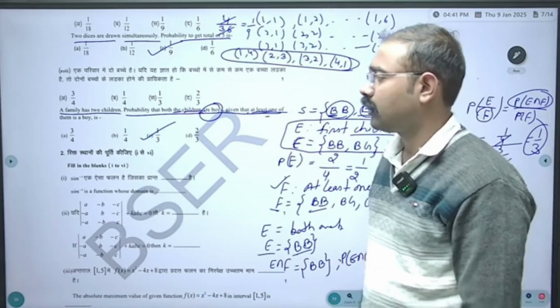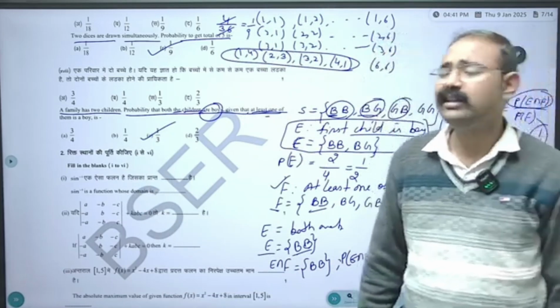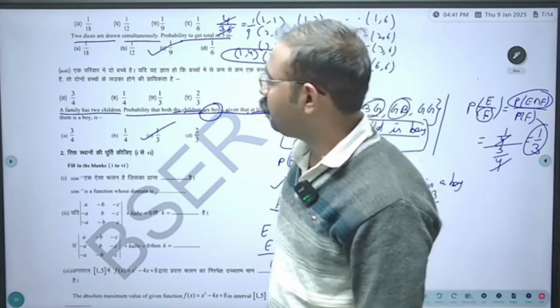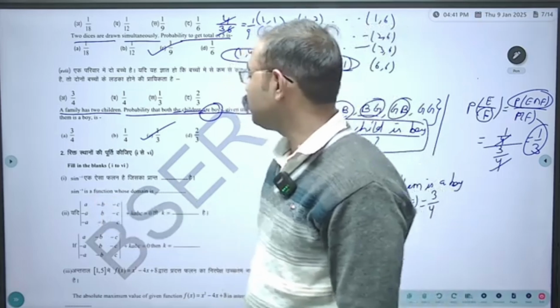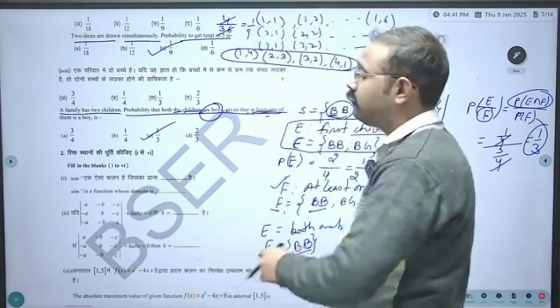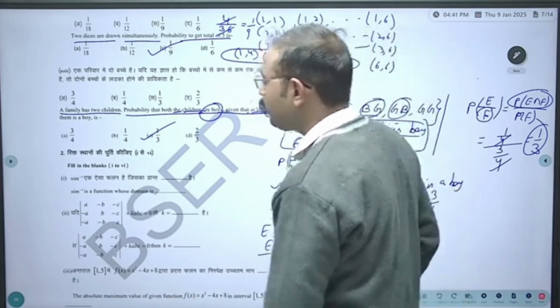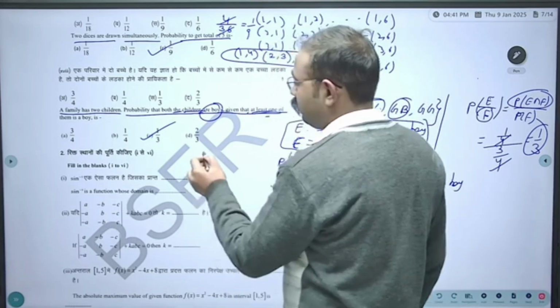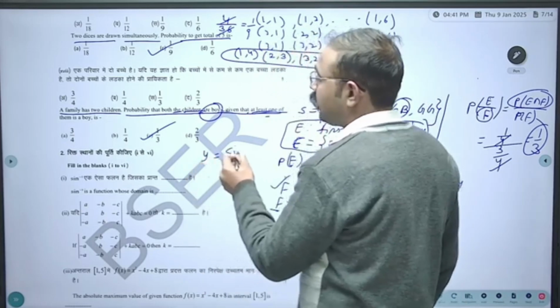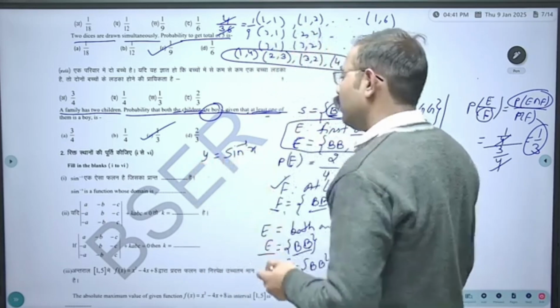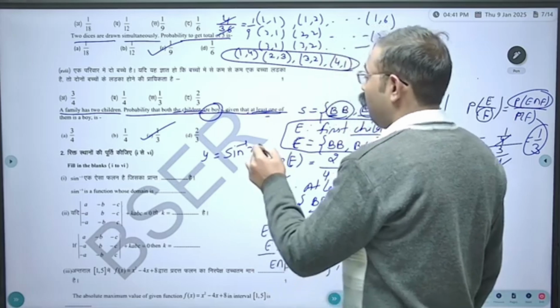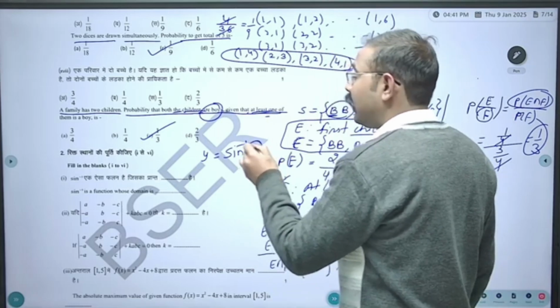Next is question number 2, fill in the blanks. First one is: sine inverse is a function whose domain is... Suppose that y equals sine inverse x is a function. Domain is what can be put at the place of x.